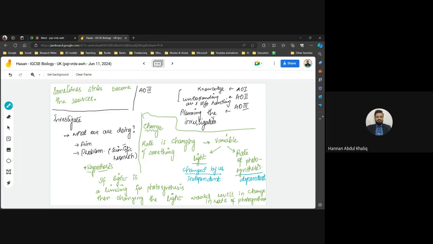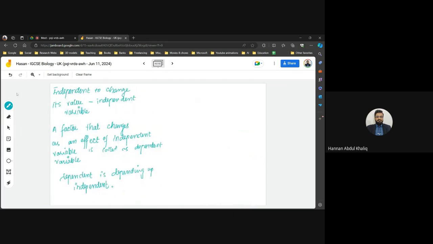So that is why we call it the dependent variable. Basically, you can say that the dependent variable is our result.